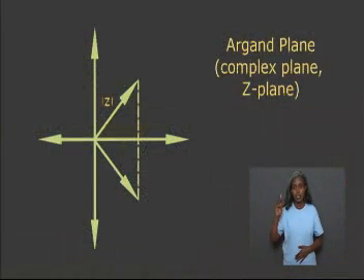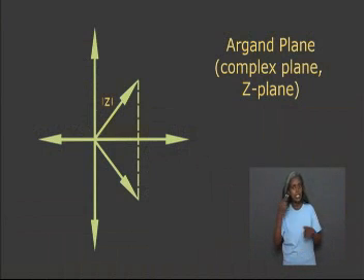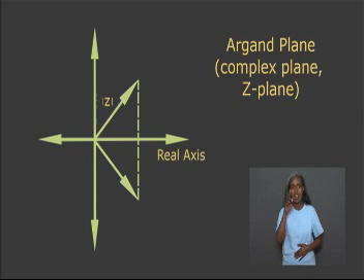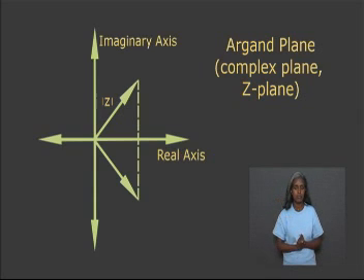The Argand plane is another name for a complex plane or Z-plane. The complex plane is a geometric representation of the set of complex numbers. It is established by the real axis and the imaginary axis. We can think of it as a modified Cartesian plane.